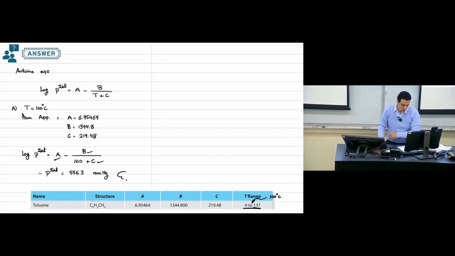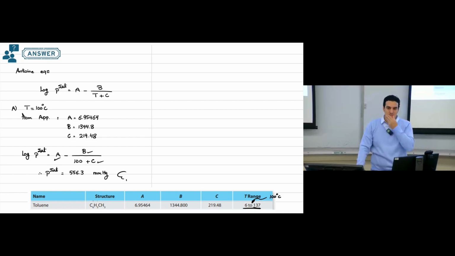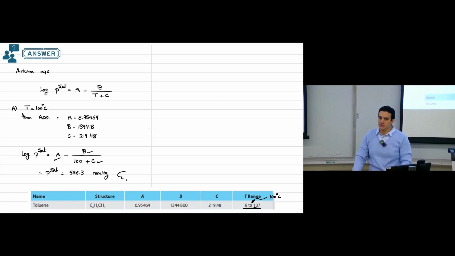And this is the first requirement. Clear? Just direct substitution in the equation, and this is everything we need.